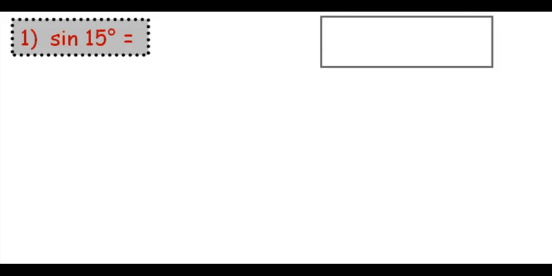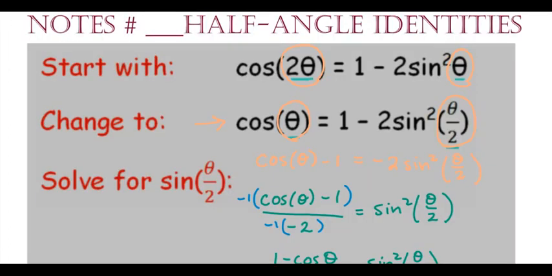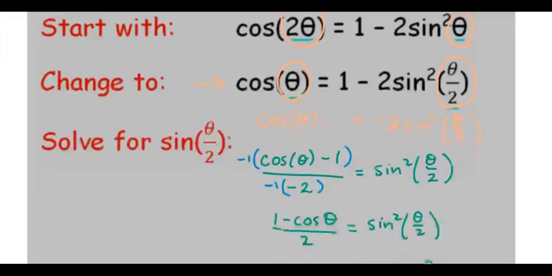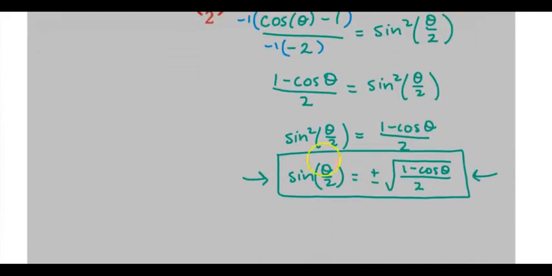Okay, here's an example. We can find the sine of 15 degrees using a half-angle identity because 15 degrees is half of one we know how to work with, half of 30. So 30 is going to be our angle theta that's here in the identity. We're going to use 30 for theta.